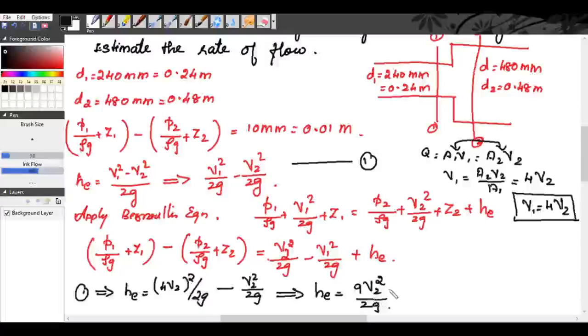Now we will substitute this value of He in equation number 2. We will take this Bernoulli's equation as equation number 2.